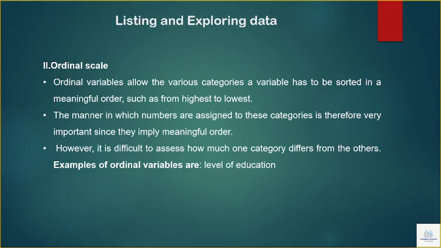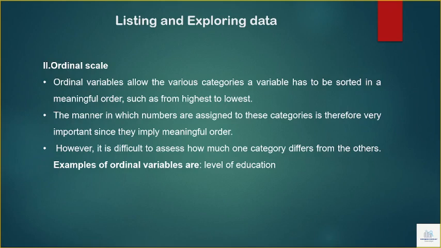So let me give another illustration. When you are talking about satisfaction rating, like very satisfied, satisfied, neutral, dissatisfied, very dissatisfied, that is ordinal, because there's actually ranking, but you cannot determine the difference in the ranking.